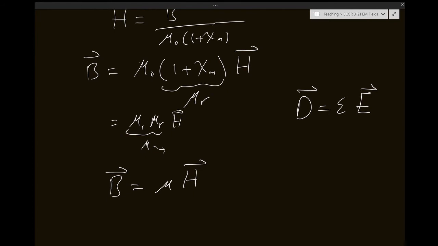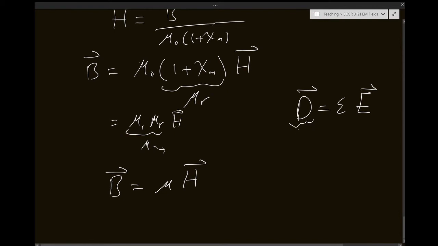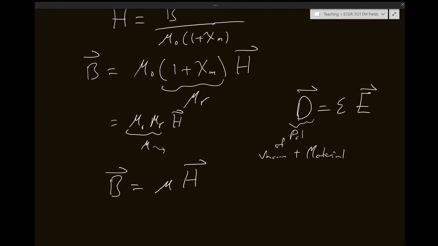This makes it such that D is the composite field in electrostatics. D includes the polarization of free space, of vacuum, plus material. While E is just an external field and does not include information about the material, D has information about the material embedded in it.